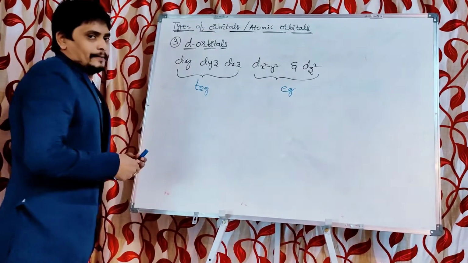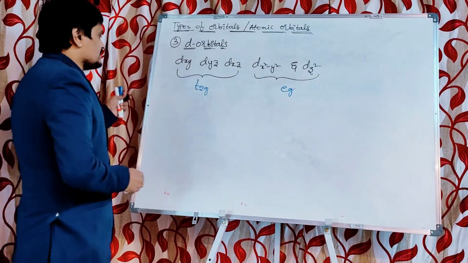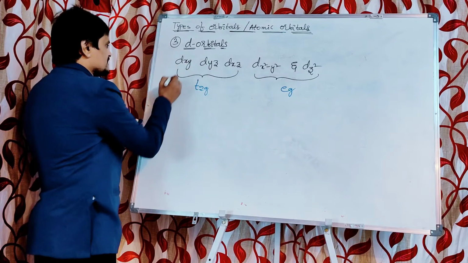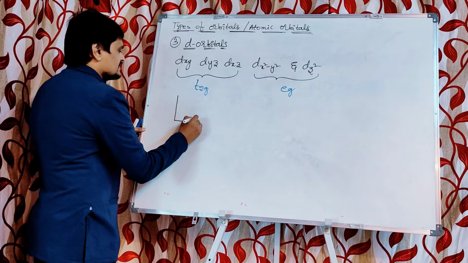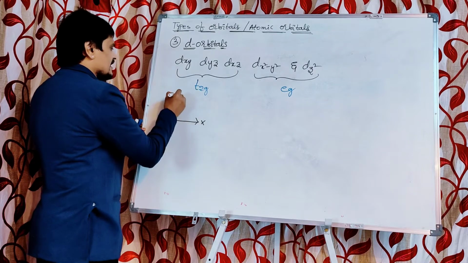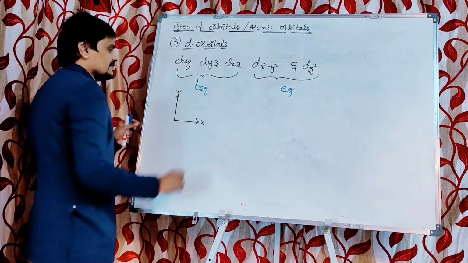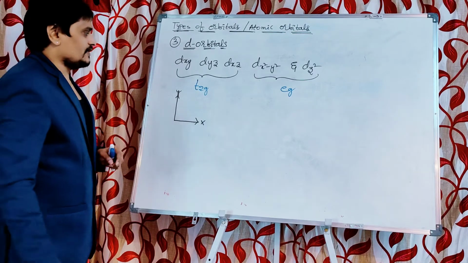So dxy. First one is dxy, right? What you need to do is, one axis is x-axis, another axis is y-axis. That's it in dxy.